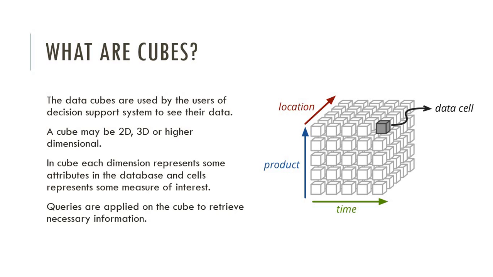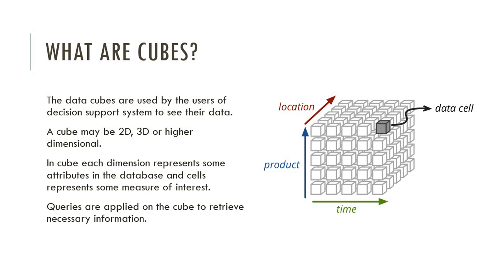The data cubes allow you to collect your data from multiple data sources, transform it and finally store it in the single place. In data cubes, data is stored in the multidimensional form. In a cube, each dimension represents some attributes in the database and cells represent some measure of interest.